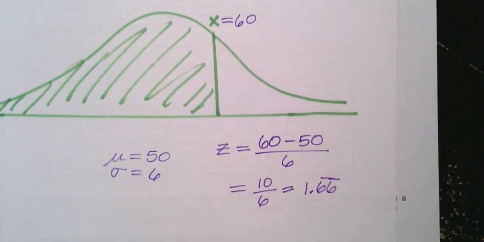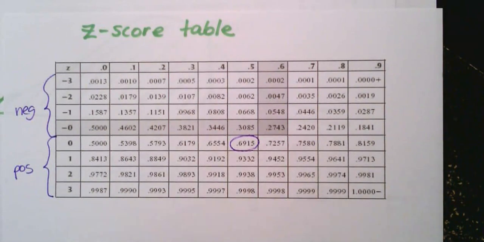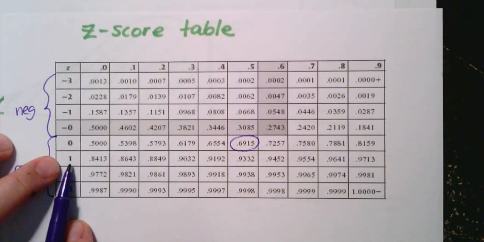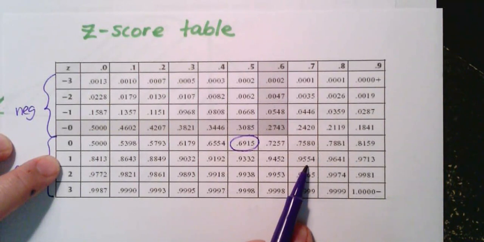Okay, so basically I'm 1.666 repeating forever deviations above the mean. So I go to positive 1, because I said 1.6 repeating, not negative 1. Positive 1, and I go over to 0.6. Really, I might want to round up to 0.7, because 0.666666666 is closer to 0.7 than it is to 0.6.